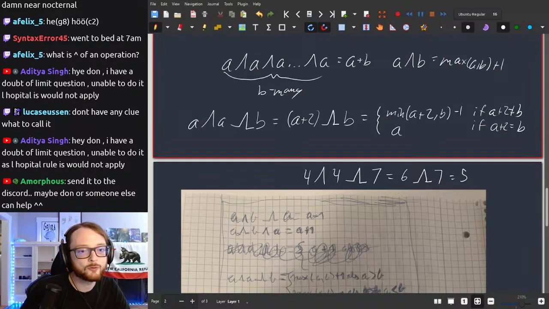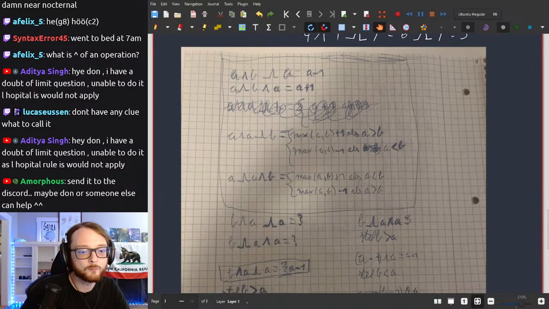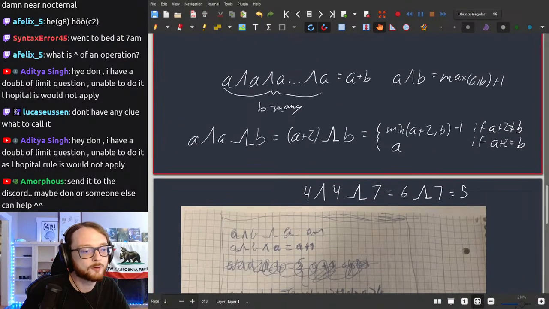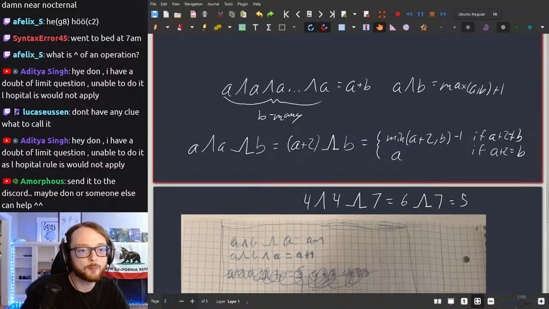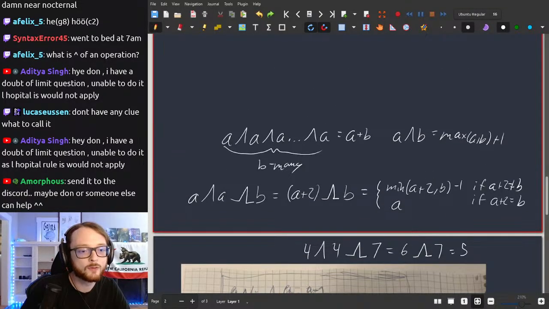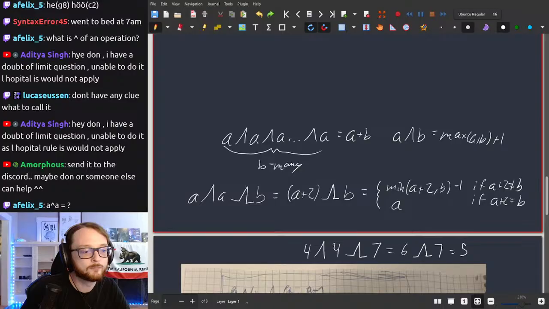The thing he's shared today, aside from a whole bunch of possible properties, is that he's also defined this kind of inverse operator. That's A plus 2.